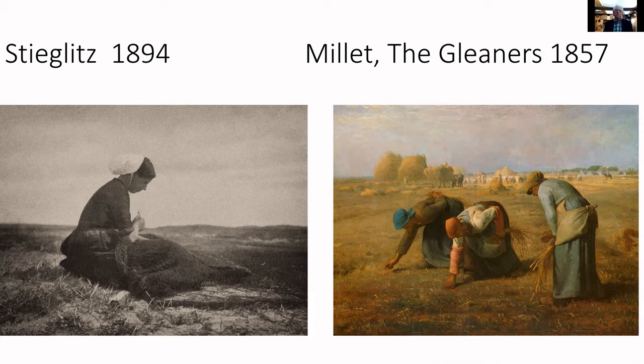And Stieglitz is very influenced by European painting of the 1800s. And this influence, I think, carries over in his photography for quite a while. You'll notice the sense of isolation of the figure against the sky. With Millet's, we've got the isolation of the figures by use of a strong tonal contrast versus the more kind of pastel background.